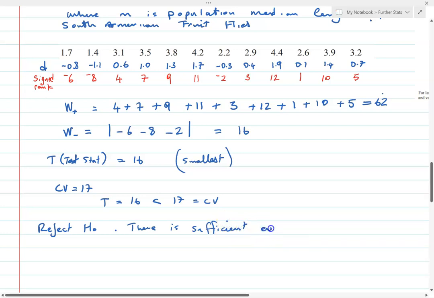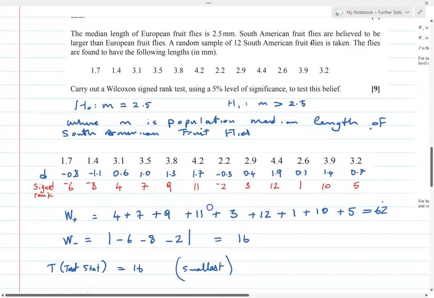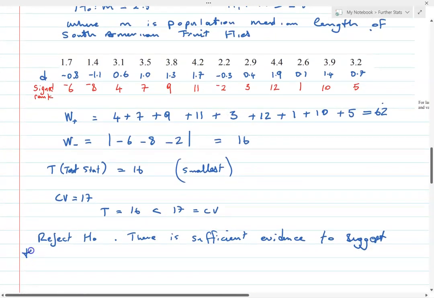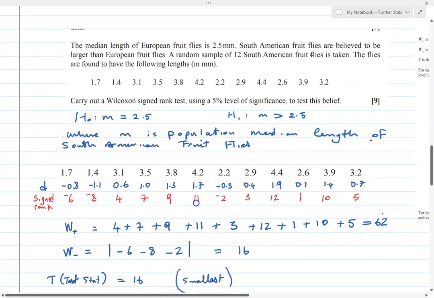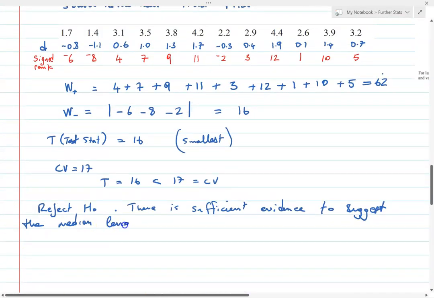There is sufficient evidence to suggest the median length of South American fruit flies is larger than European fruit flies.